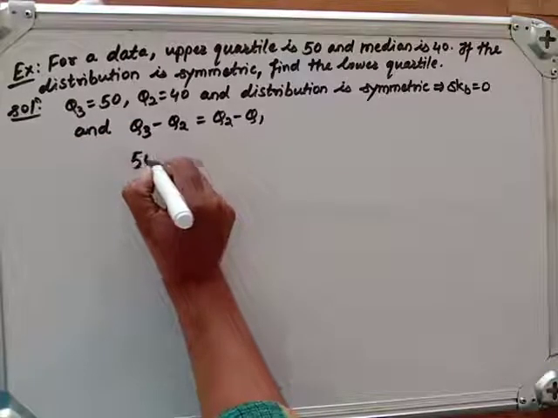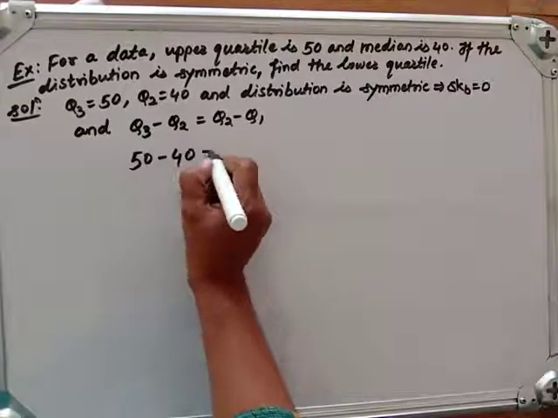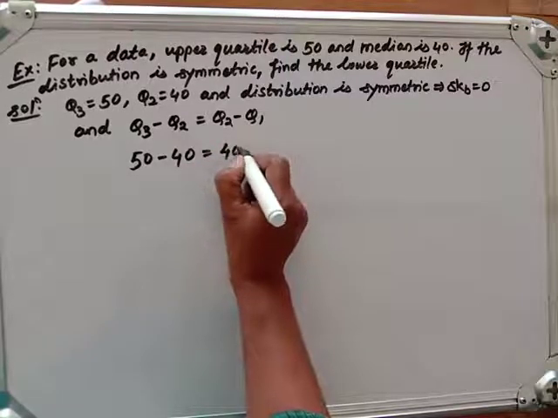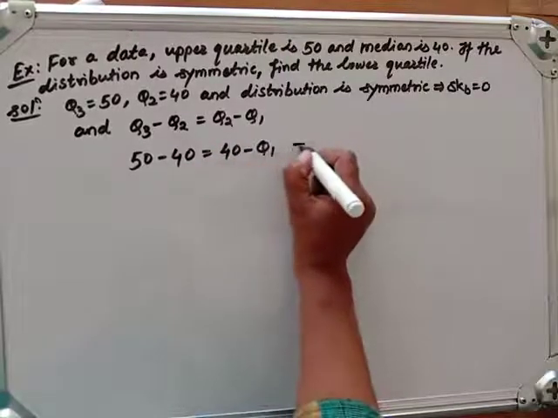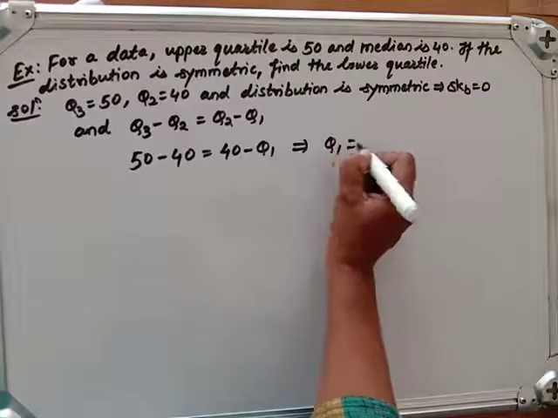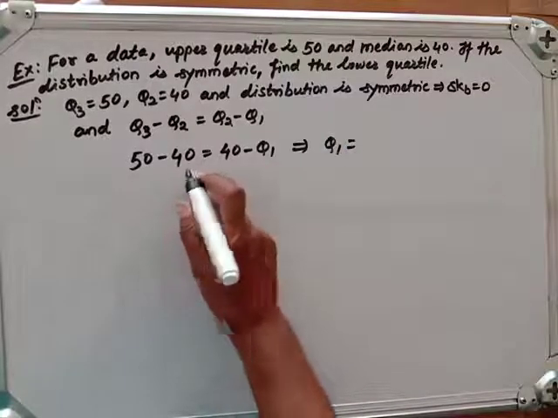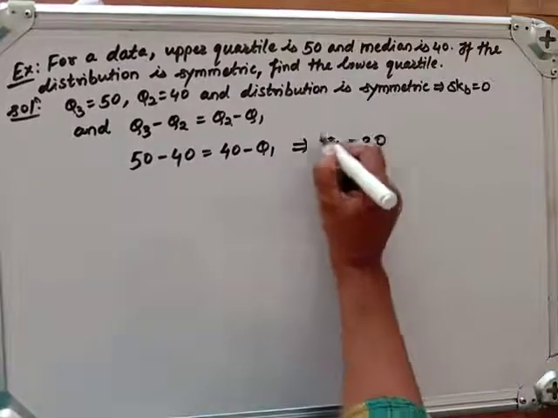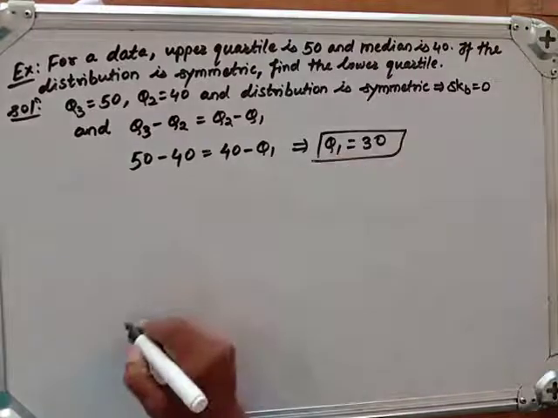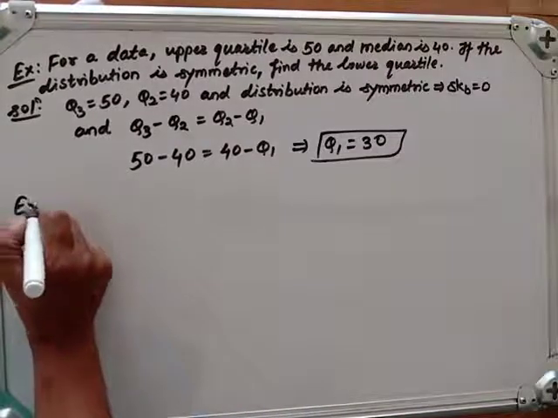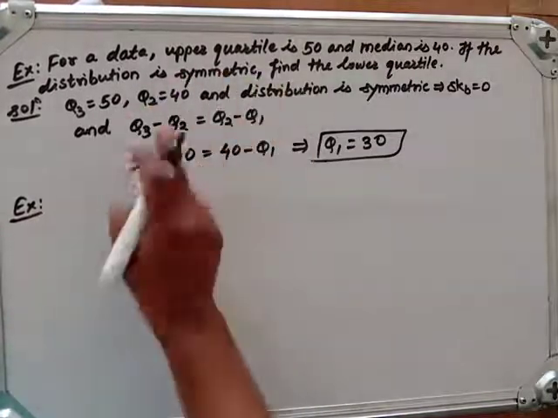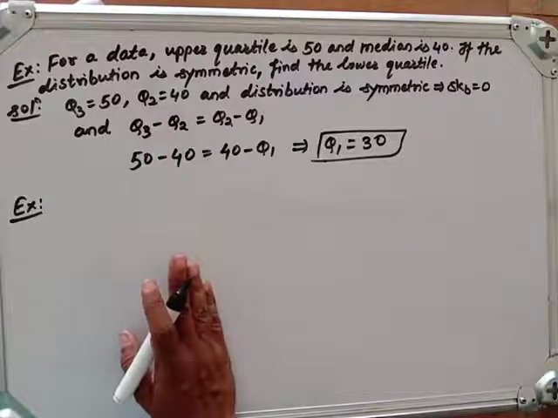So we have 50 minus 40 is equal to 40 minus Q1. So this gives 10, so Q1 is 30. Next example. Such small examples for 2 marks will be asked many times.